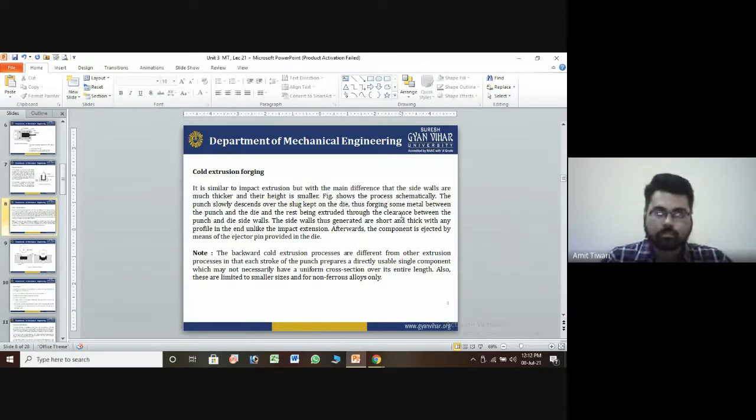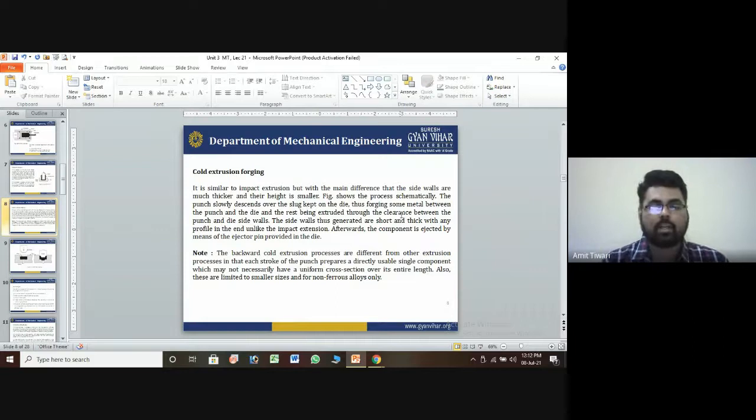But there is something different. Not all of the processes are the same; there are differences between them. In impact extrusion, the main difference from cold extrusion is that in cold extrusion the side walls are thicker and the height is smaller.